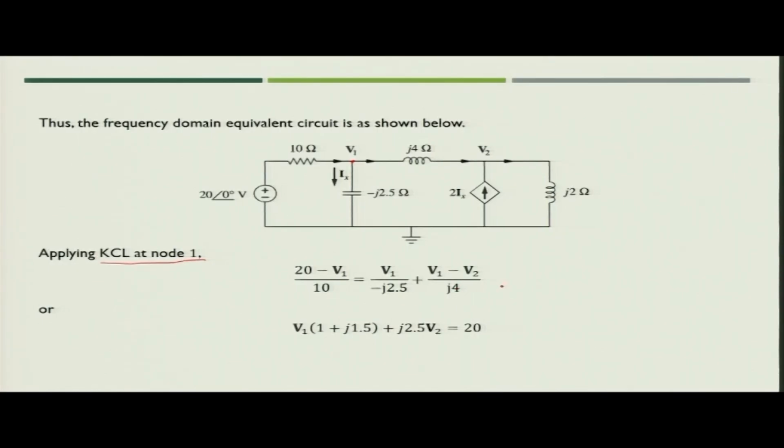Now, if you simplify this equation, you can write V 1 (1 plus j 1.5) plus j 2.5 V 2 equal to 20. So, this is what you will get when you apply KCL at node 1.